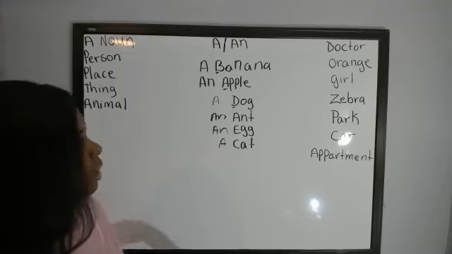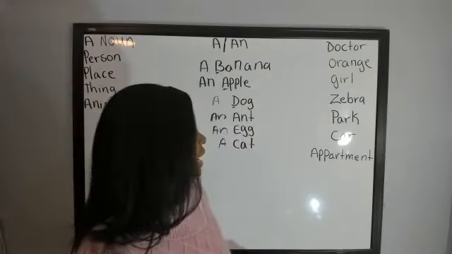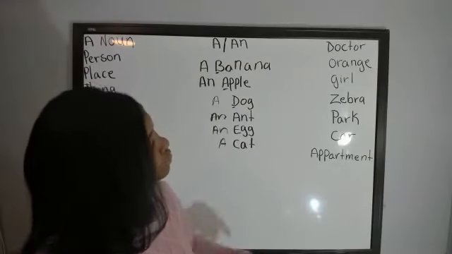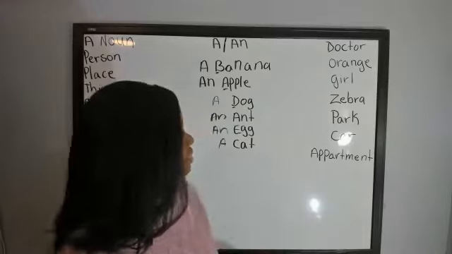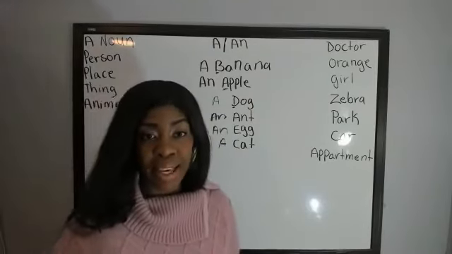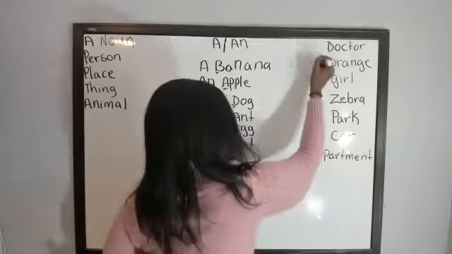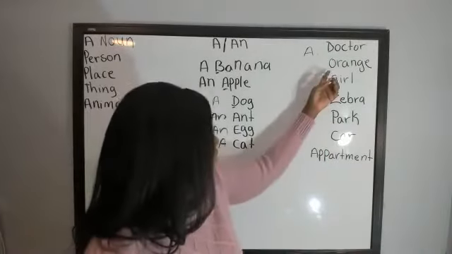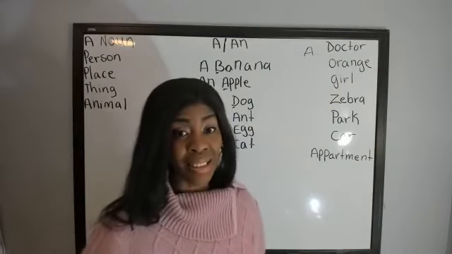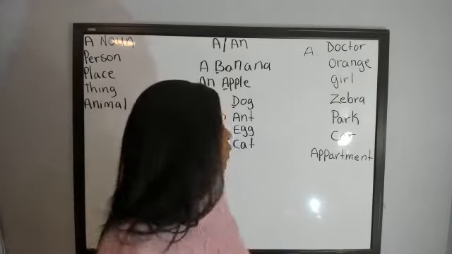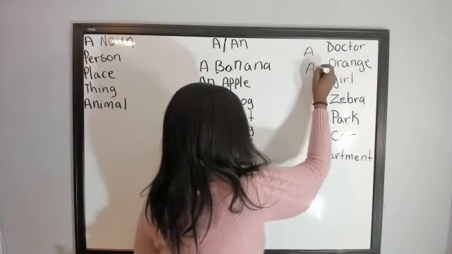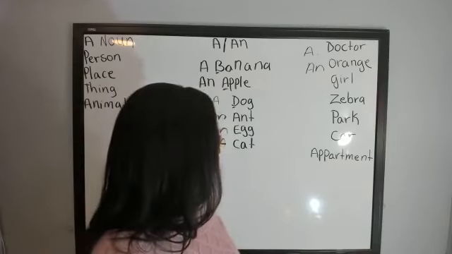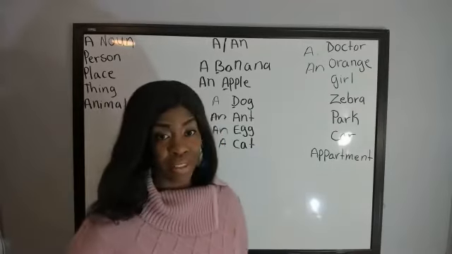Now we're going to take a look over here on that side. With the first word, doctor: since the first letter is a consonant, the letter D, I have to say a doctor. Next one, the first letter is not a consonant, it's a vowel, so I have to use an. An orange, that's a fruit. Then we have girl, that's a person.